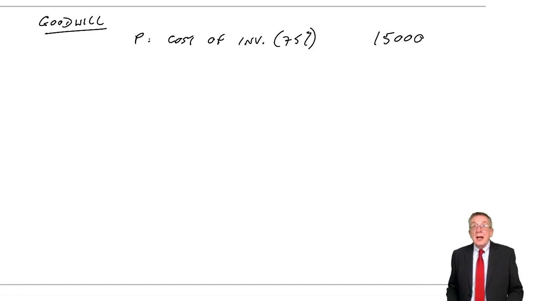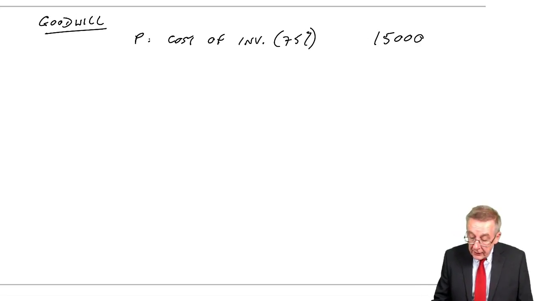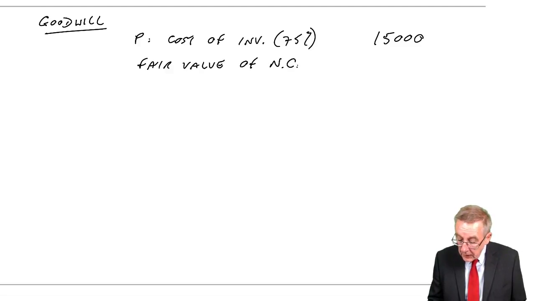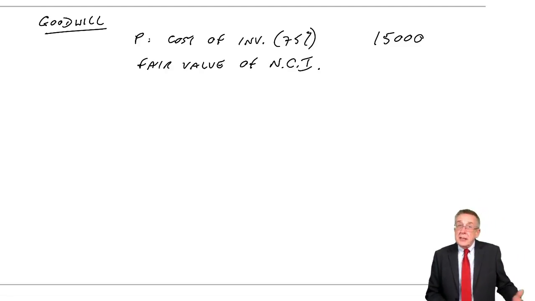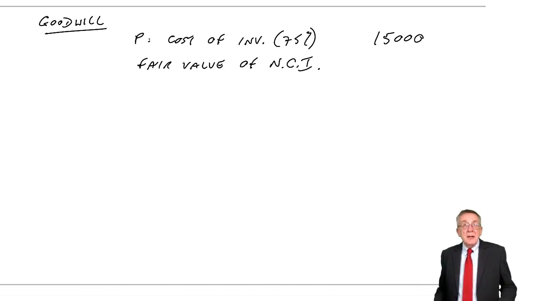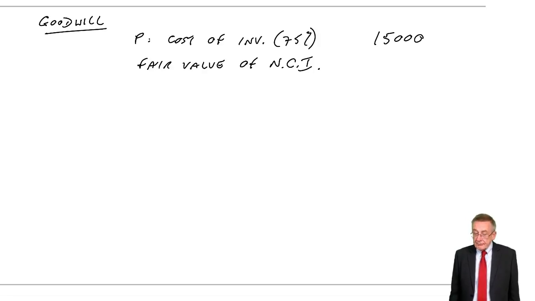To get the full value placed on S, we need to add on the fair value of the non-controlling interest. And I did tell you in the earlier lectures, almost certainly you'll be told the fair value.